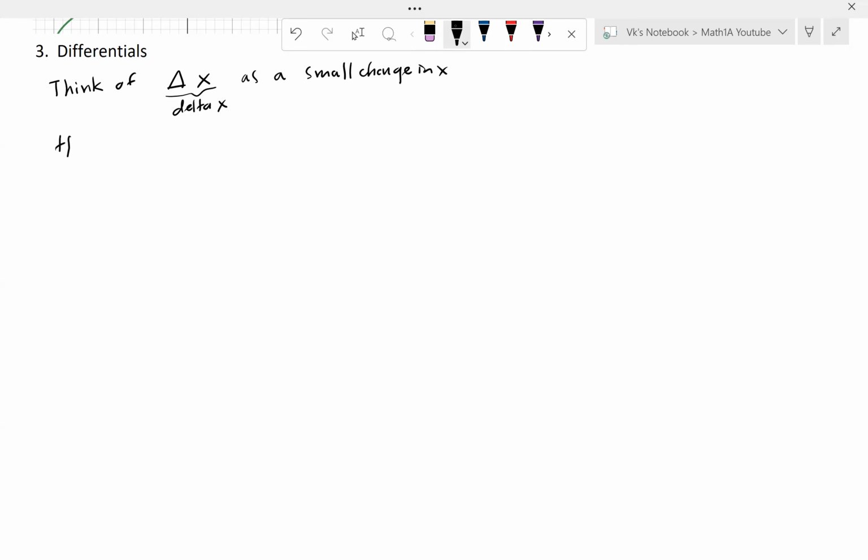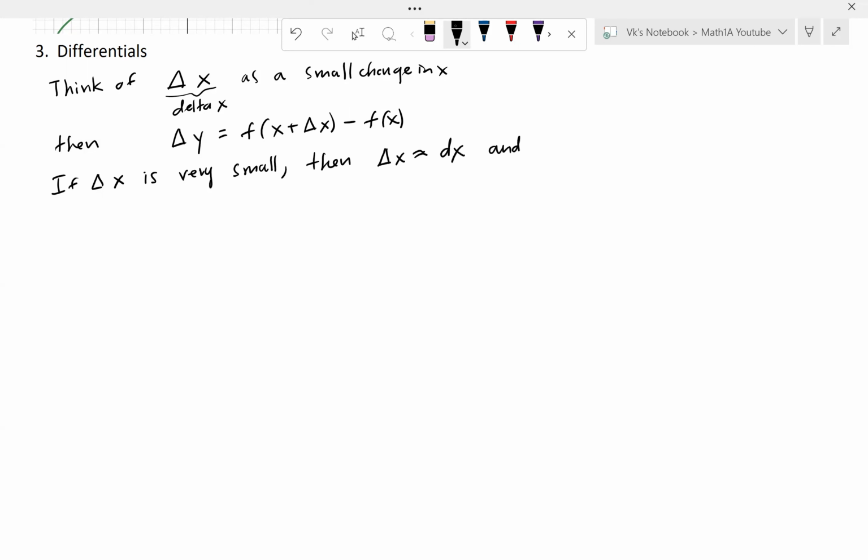Then delta y would be f(x plus a small change in x) minus f(x). Well, if delta x is very small, then delta x is approximately dx and delta y is approximately dy.